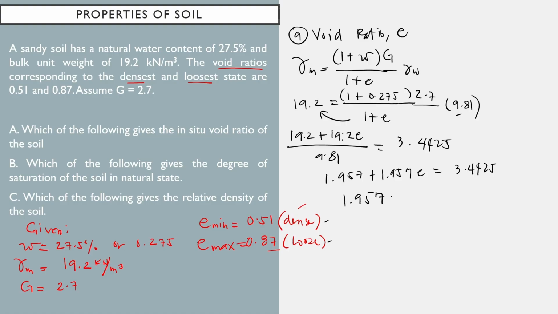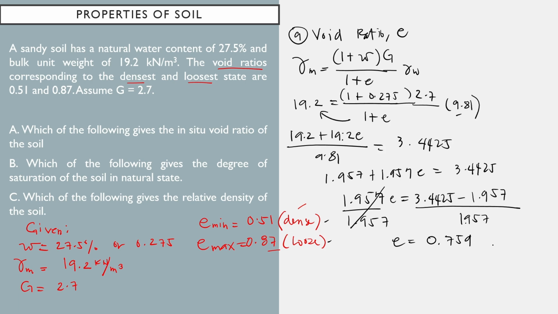So, 1.957 E is equal to 3.4425 minus 1.957. Ayan. So, divide both sides ng 1.957, para makancel. And then, matira yung void ratio. So, yung void ratio natin 0.759, or in percent, that is 75.9%. Ayan, so yan yung sagot natin for letter A, void ratio.